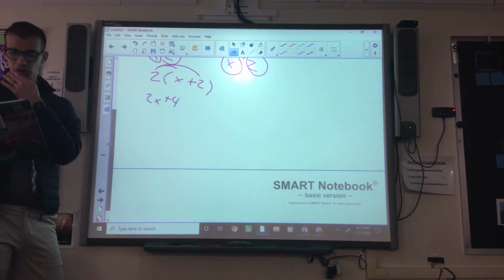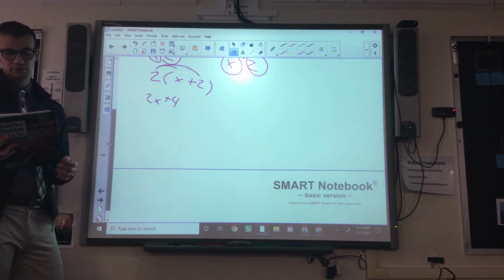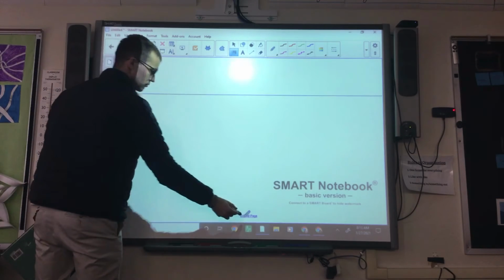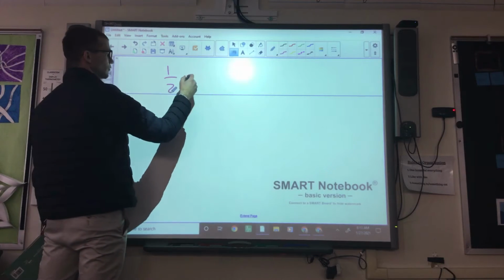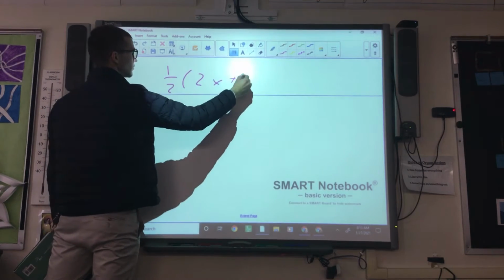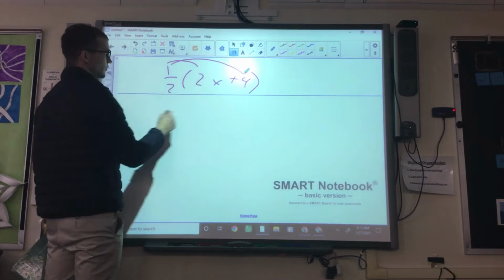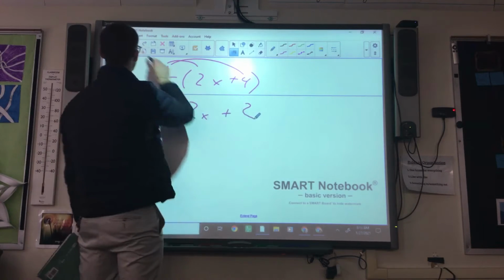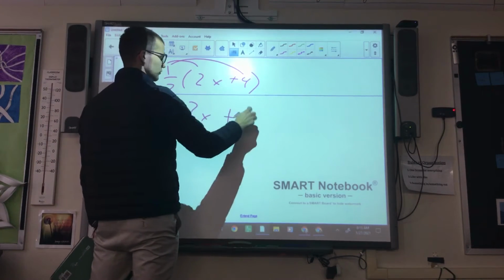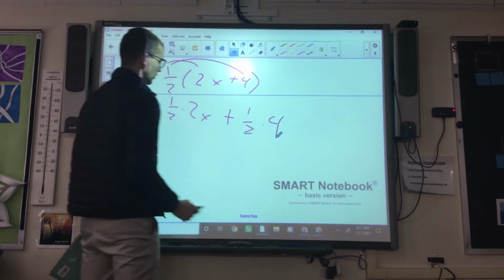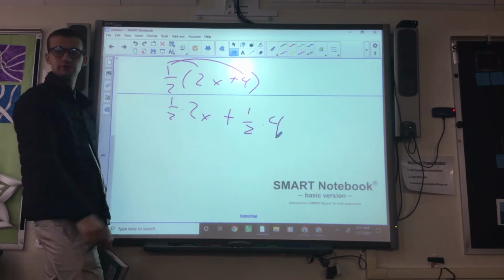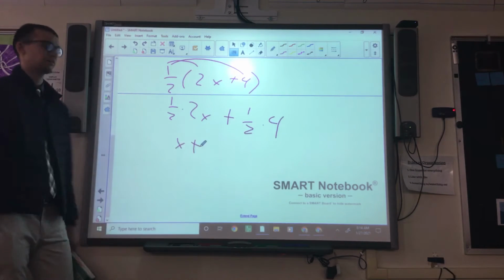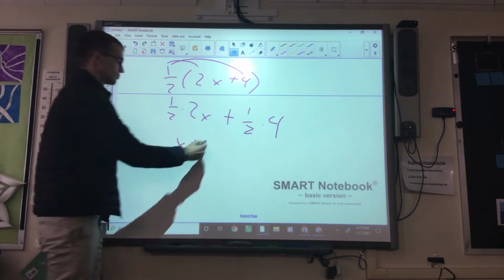You can also use the distributive property to expand 1/2 times the quantity 2x plus 4. 1/2 times 2x plus 1/2 times 4. 1/2 times 2x is regular x, and 1/2 times 4 is 2.